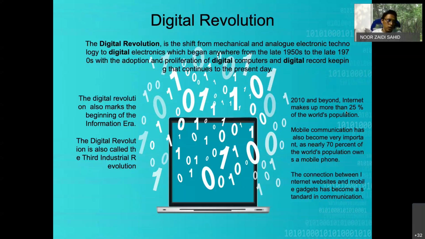Kita panggil socialization sebagai satu bidang kajian humanities. Bagaimana kita duduk dalam masyarakat, bagaimana kita bermasyarakat. So itu bermaksud humanities. But if we connect the term humanities with digital humanities, dia bukan satu bidang baru.